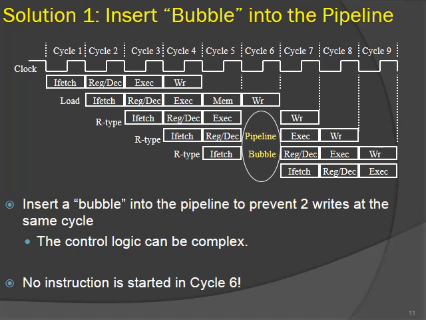The first solution is to insert a bubble into the pipeline soon after the load instruction, so that it can push every instruction after the load that is already in the pipeline by one cycle. By inserting a bubble into the pipeline, the instruction stages are pushed forward, and at the same time the bubble will delay the instruction fetch of the instruction that is about to enter the pipeline by one cycle.